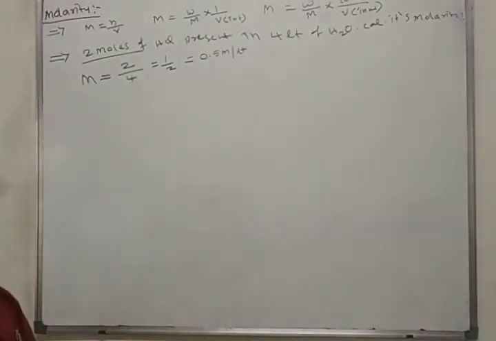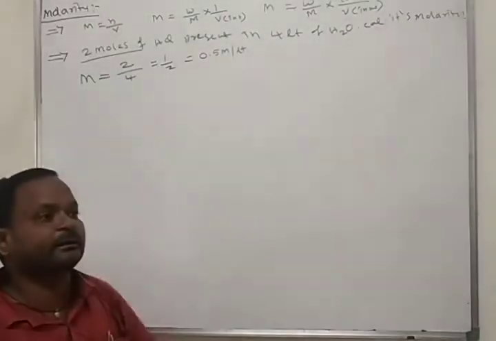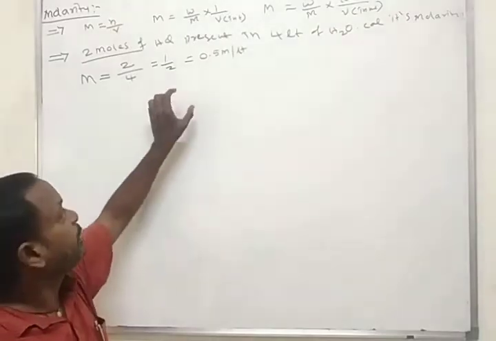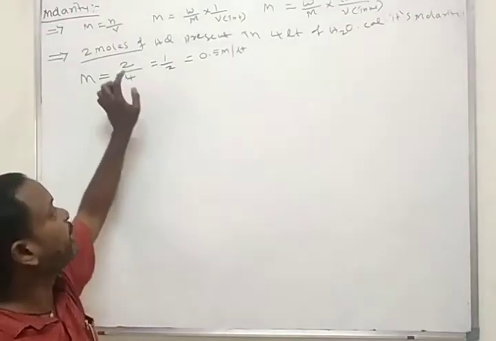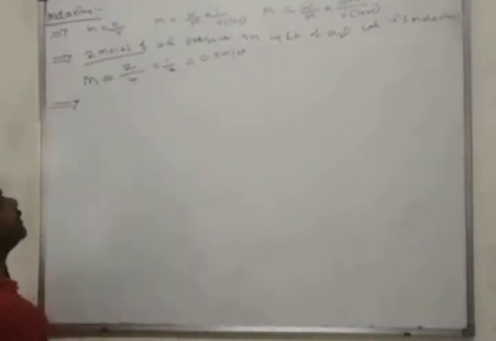From the PU examination point of view, they may ask a 1 mark question like this, or a 2 marks question like this. For 2 marks, 1 mark is for the principle and 1 mark for the calculation. In continuation, we'll see one more.